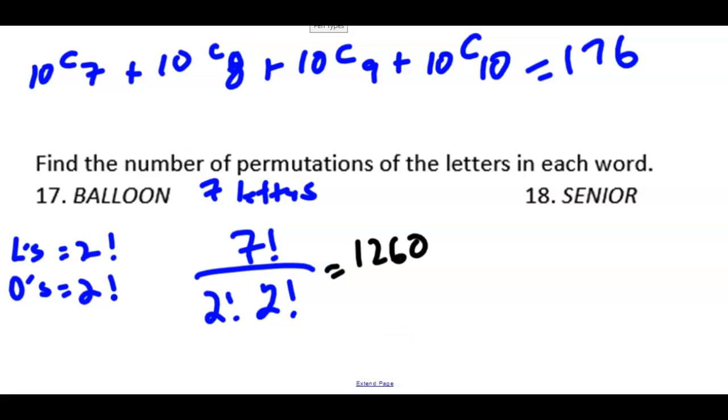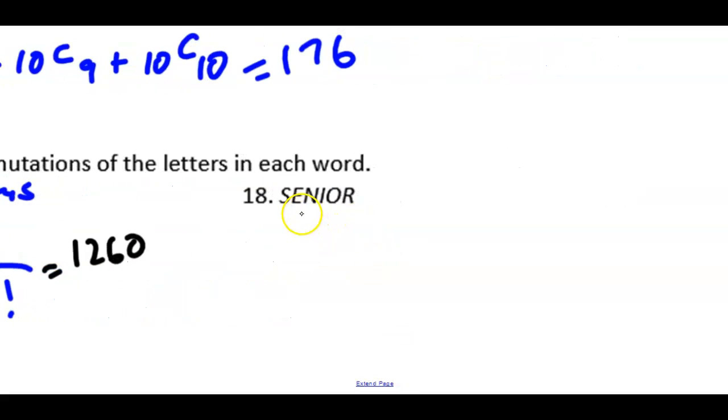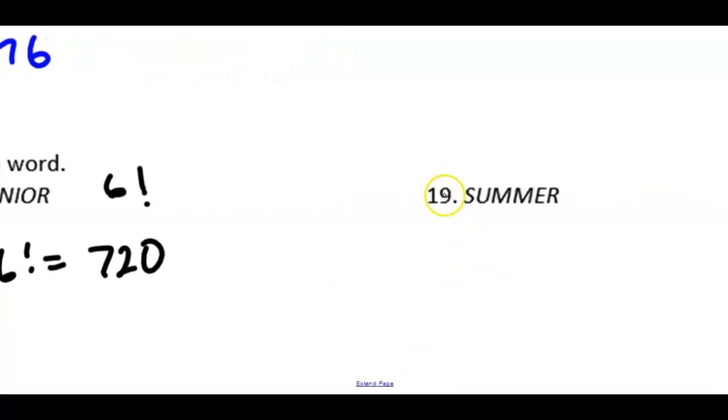1,260. So for this one, senior, there's 1, 2, 3, 4, 5, 6 letters, so it's going to be 6 factorial. And what repeats? There are no repeats, so we just have 6 factorial. If you punch that in your calculator, that's 720 different possibilities. All of it is 6 times 5 times 4 times 3 times 2 times 1.